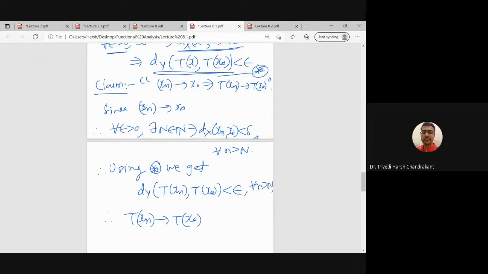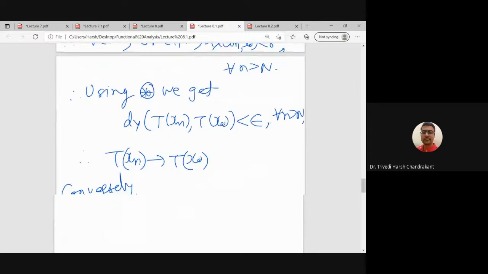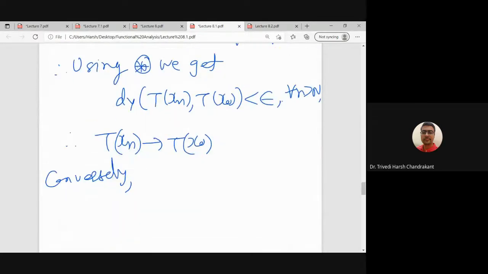Therefore, the sequence Txn, which is a sequence in Y, approaches Tx naught. And conversely, suppose the sequential continuity is given.